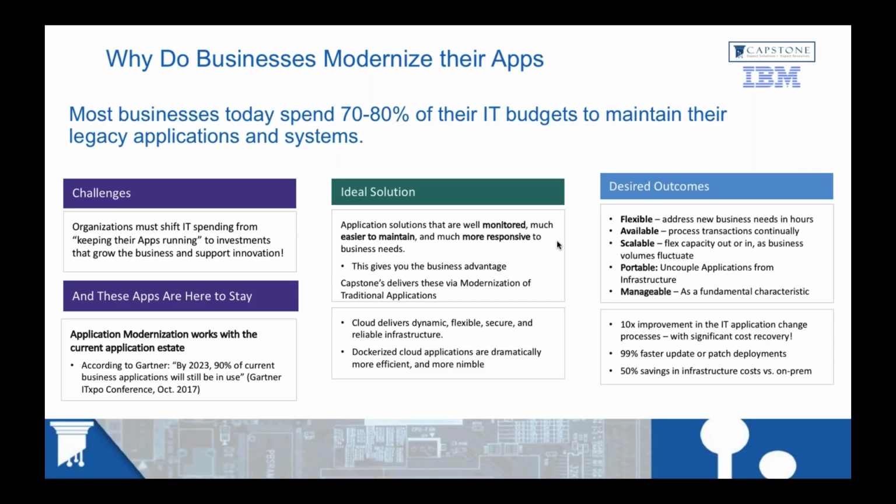We've seen significant improvements which deliver real business value and agility just by the usage of containers with their lighter weight footprint, their consistent portable configuration across environments. And we're going to be taking you through examples of these points I've got over here on the right. So, for example, the flexible, available, scalable, portable as we go through this presentation.